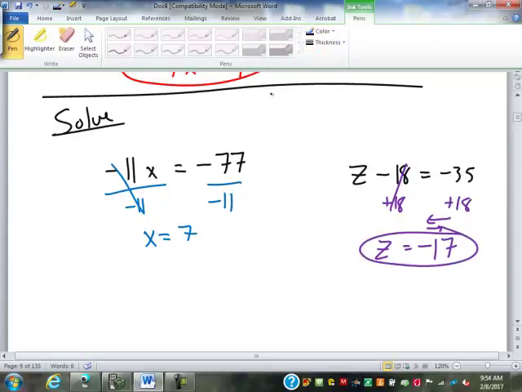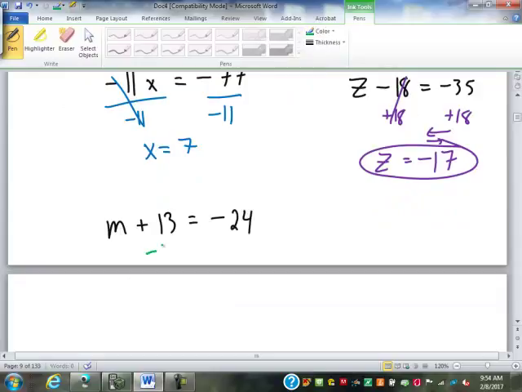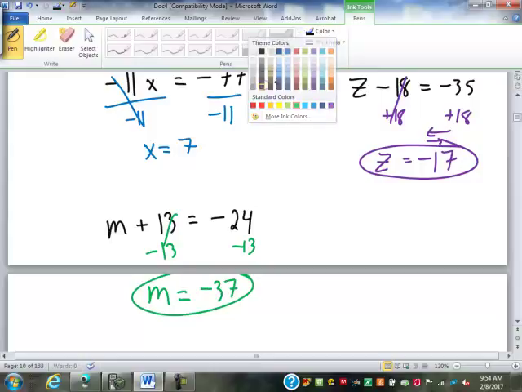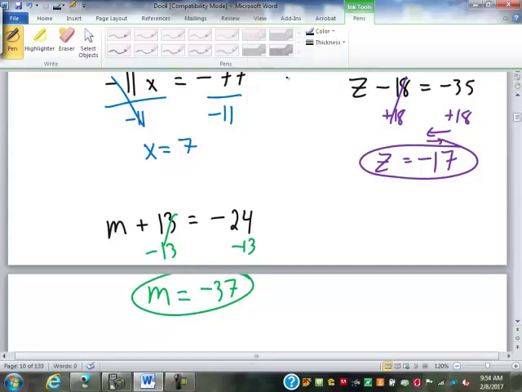You might end up with m plus 13 equals negative 24. What do we have to do there? Subtract 13. Good. M equals negative 37. Good.